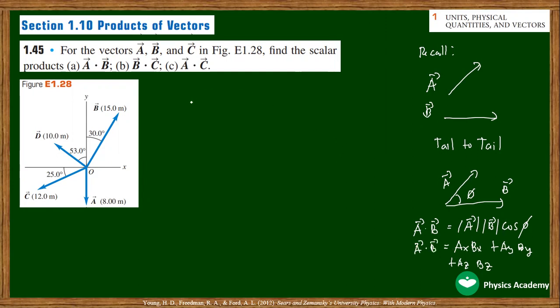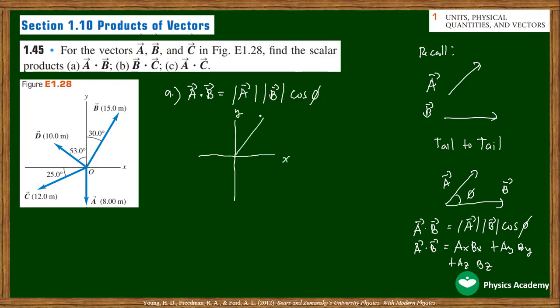In this case, for letter A, we have the dot product A dot B. We could use A dot B equal to the magnitude of A times the magnitude of B times cosine of phi. So what is the angle phi? If we sketch this, this is our y and this is our x.